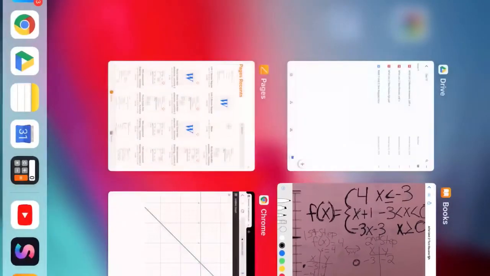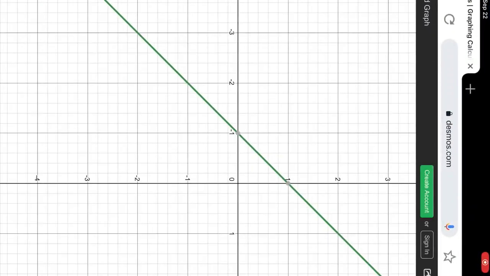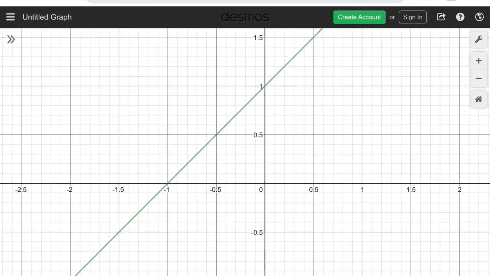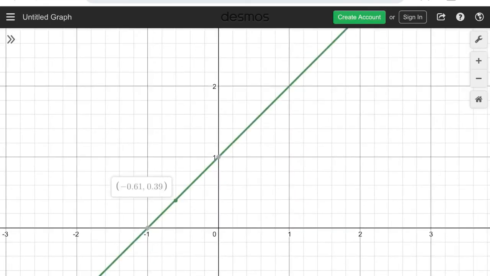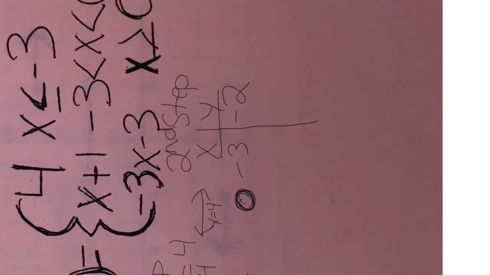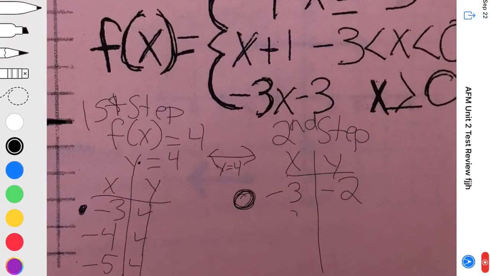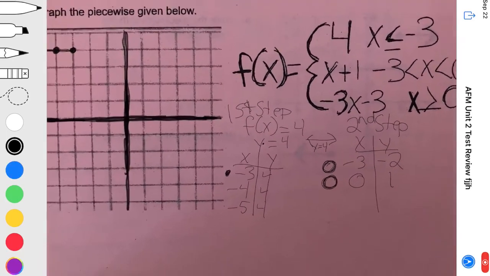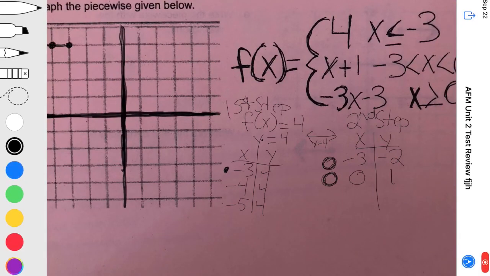And we're looking where x is 0. So again, you can drag your finger where x is right there. When x is 0, y is 1. That's going to be another open circle because there's not an or equal to line underneath the inequality.